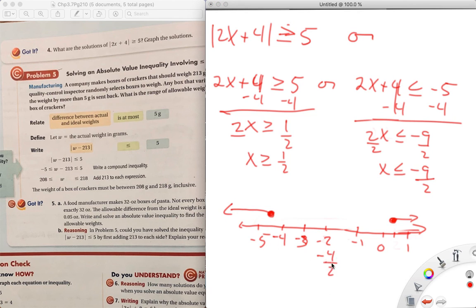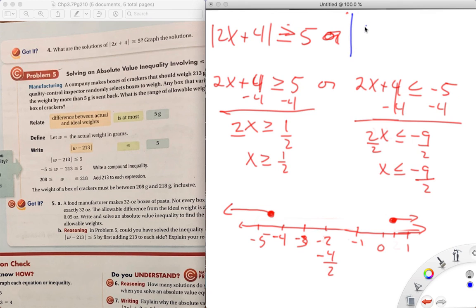Notice that I turned that negative 2 into negative 4 halves to help me find the distance or which way I'm going. How did I choose negative 2? Here's what I did. If you look at the initial problem, let's pretend there is no 5 there.